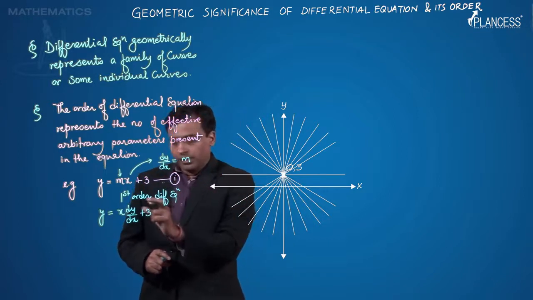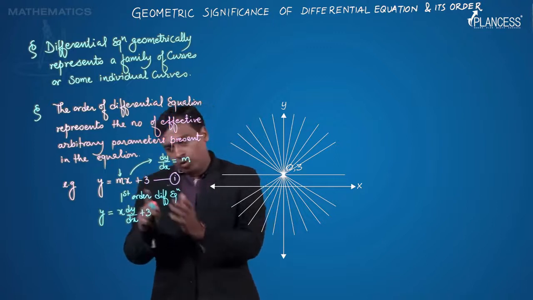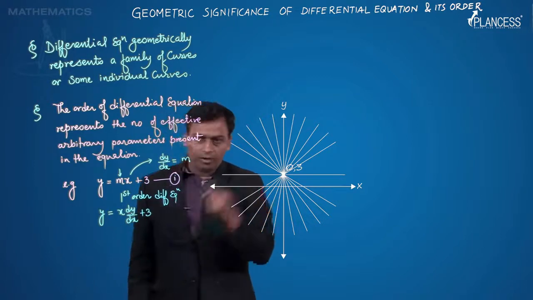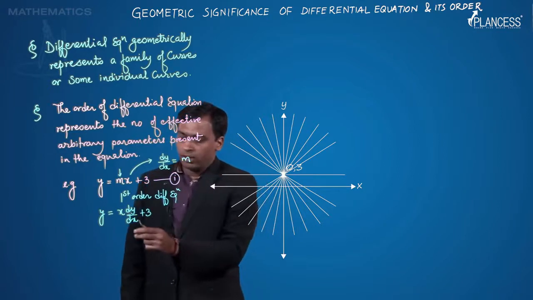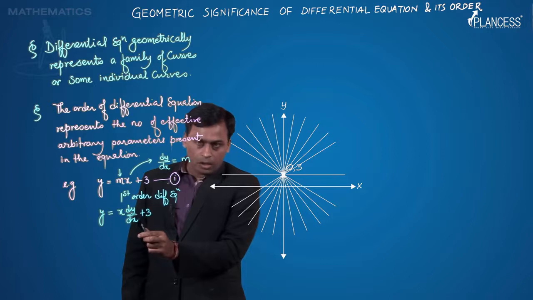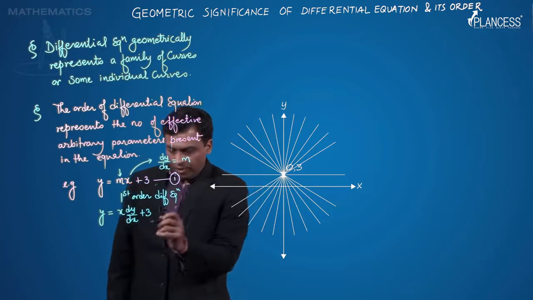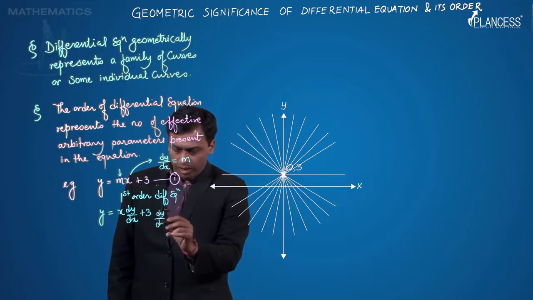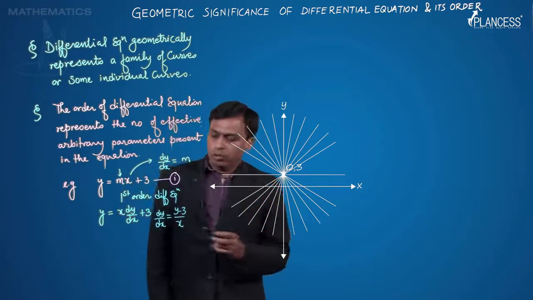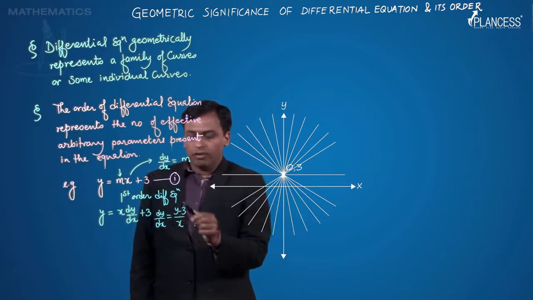And secondly, if I go the other way around and see how this differential equation is capable of representing these lines: given a value of x and y, you will determine the slope. The slope of the line is given as dy over dx is equal to y minus 3 over x. So you can see that the slope is a function of x and y.